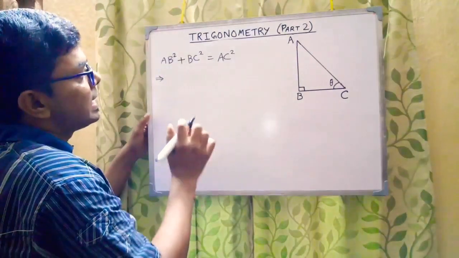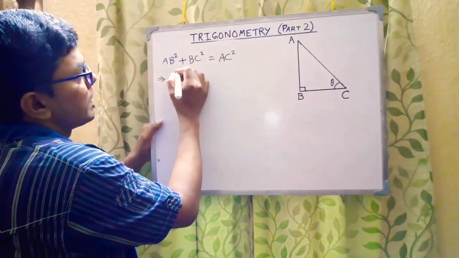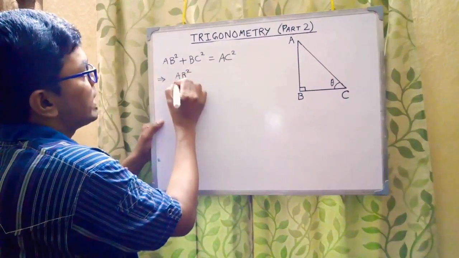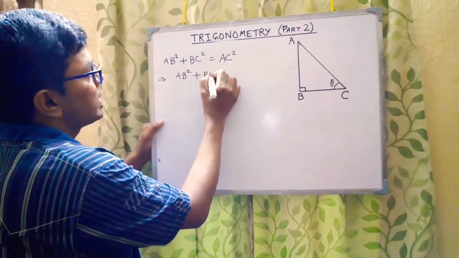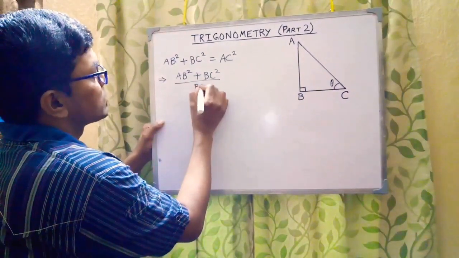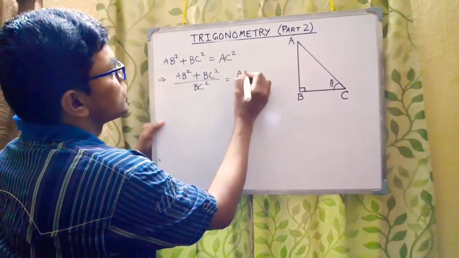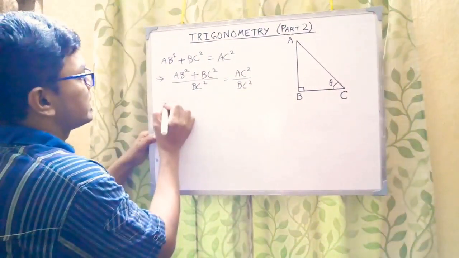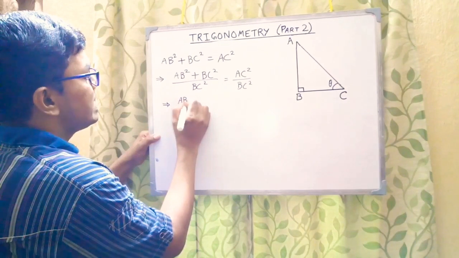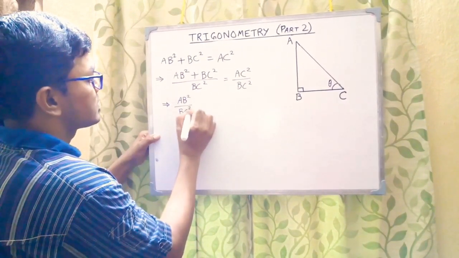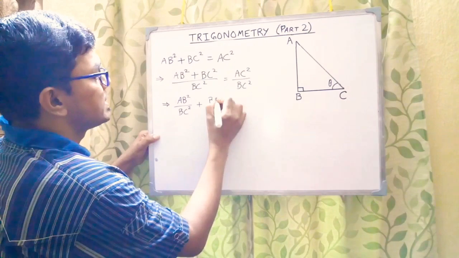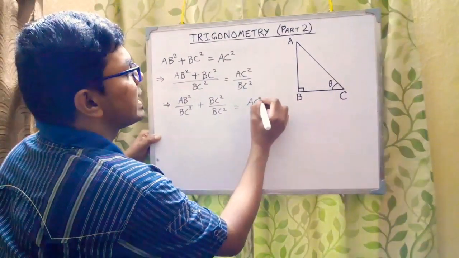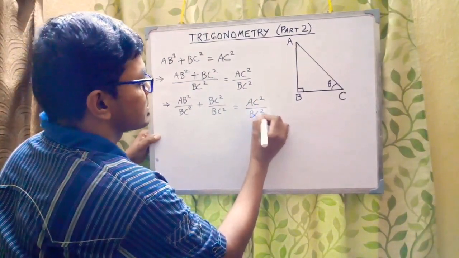Now let's divide it by, say, BC squared. So AB squared plus BC squared, we divide the whole thing by BC squared, that equals AC squared by BC squared. This implies AB squared by BC squared plus BC squared by BC squared, that equals AC squared by BC squared.